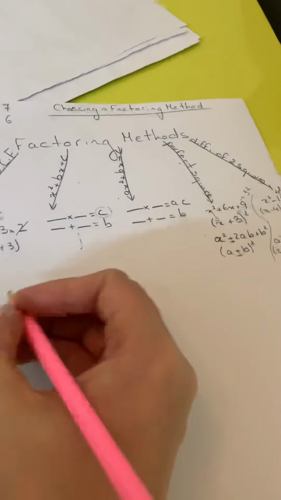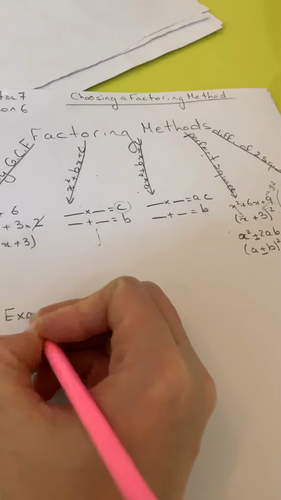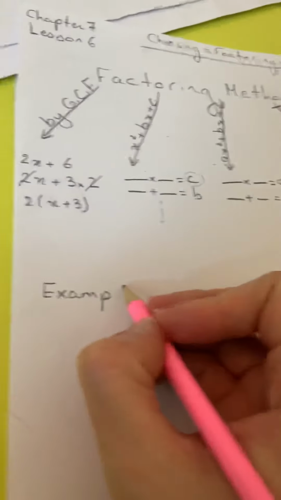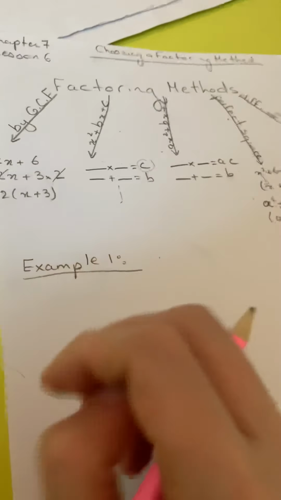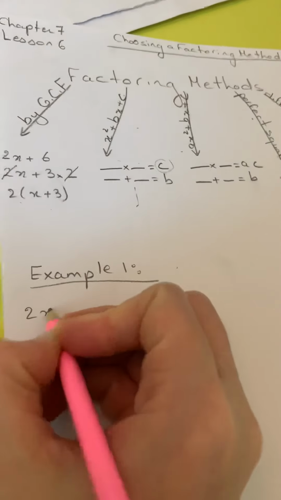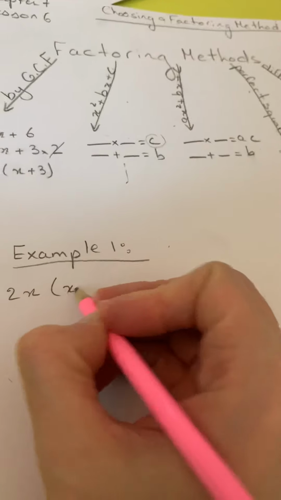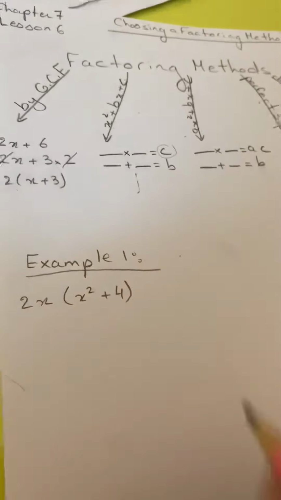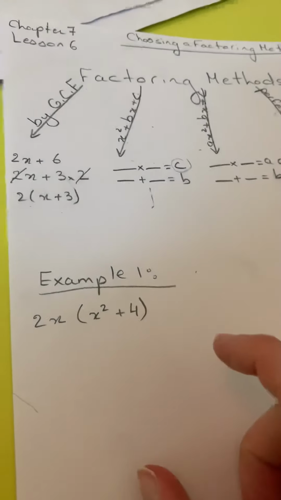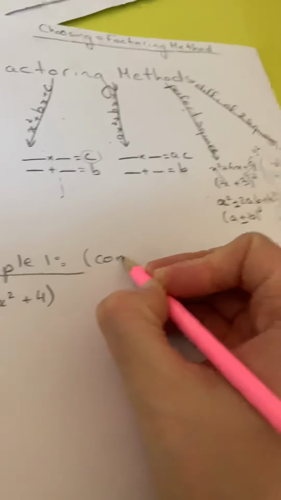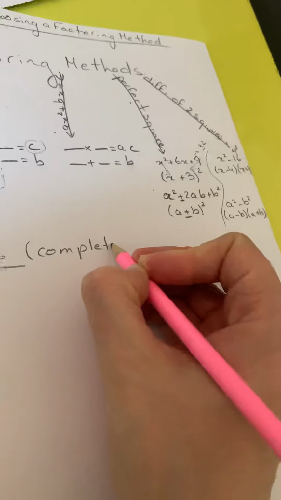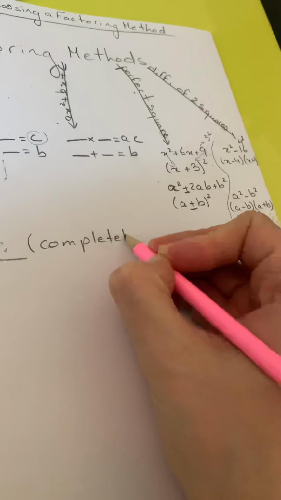For example, in example 1, they gave you factored forms. For example, 2x into x power 2 plus b. They asked you, is it completely factored? So you have to figure out if they are completely factored.